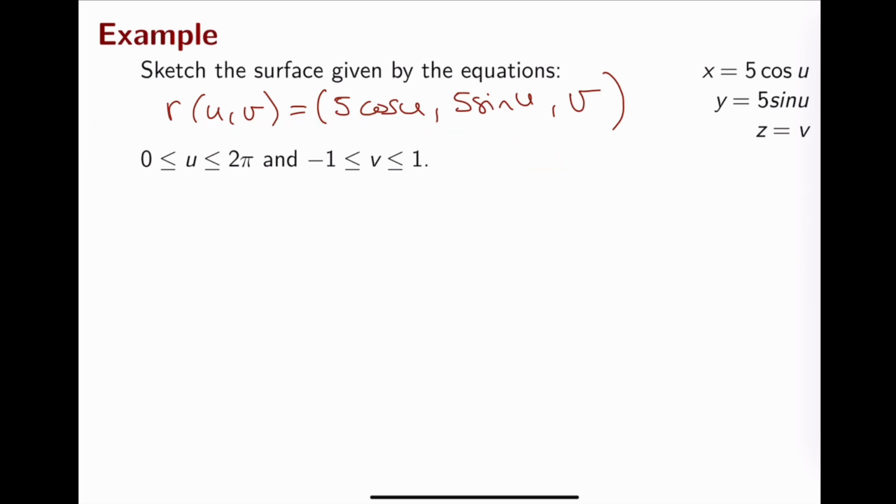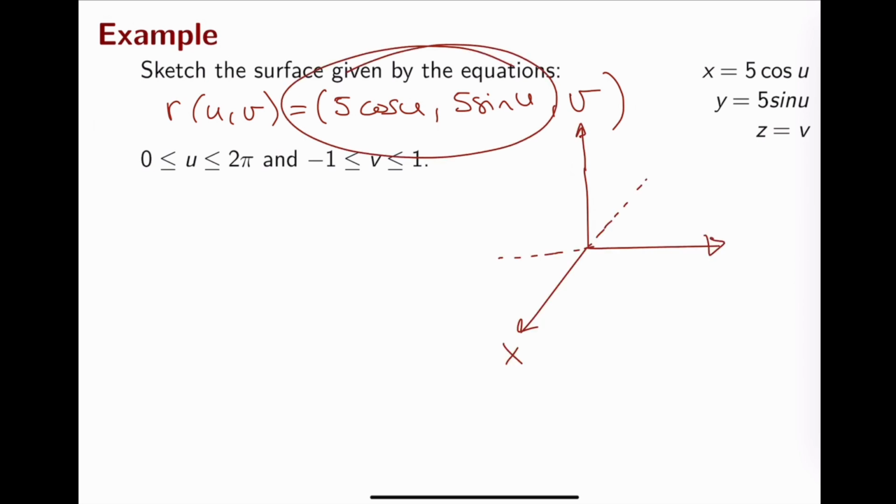In order to draw a sketch of this surface, observe that the description here corresponds to a circle of radius 5. We observe here that the variation of x and y describes a circle. We're going to have a circle in the xy plane.